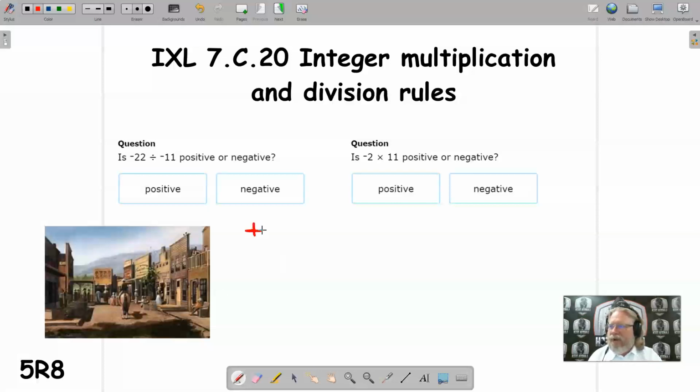We'll use plus as coming to town, and negative as someone leaving. Back then you had bad guys and good guys, so we'll say that a plus sign is a good guy and a negative sign is a bad guy.